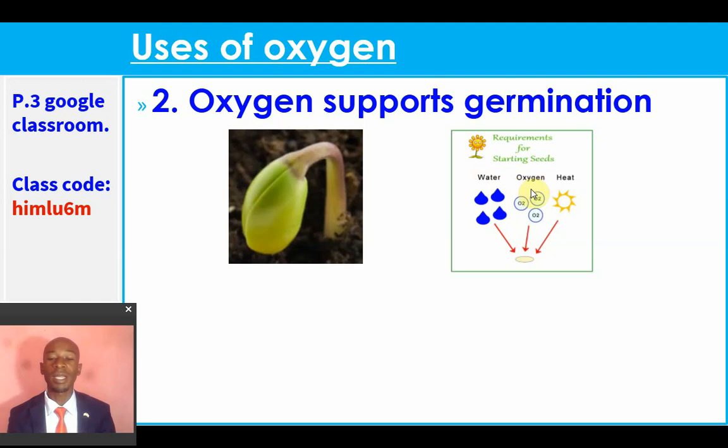Then oxygen is another requirement. Then heat from the sun. This heat generates warmth and our seed is able to germinate into a seedling. But as of now, we are looking at oxygen as one of the things needed for the seed to germinate.